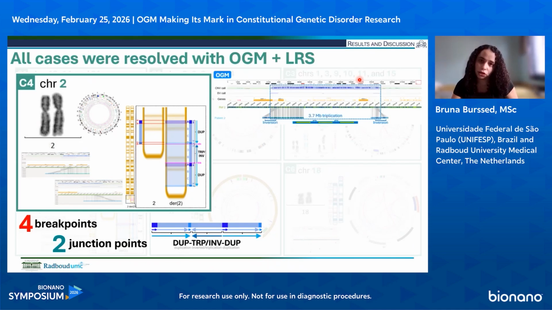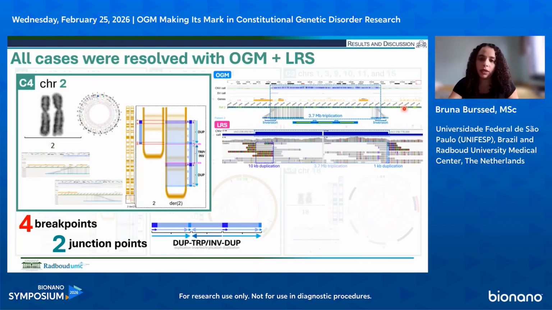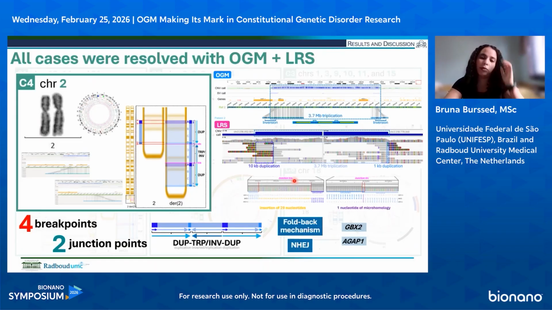With optical genome mapping, we saw the evidence of a triplication and of inversions at the edges. Then with long-read sequencing, we saw the presence of the duplications, and we were able to characterize both junctions and infer a mechanism of formation as the combination of the fold-back mechanism with non-homologous joining. We are also able to highlight 2 genes that could be associated with the phenotype.